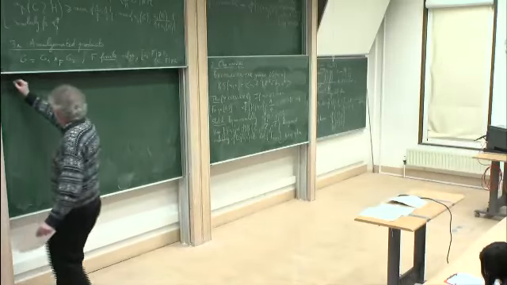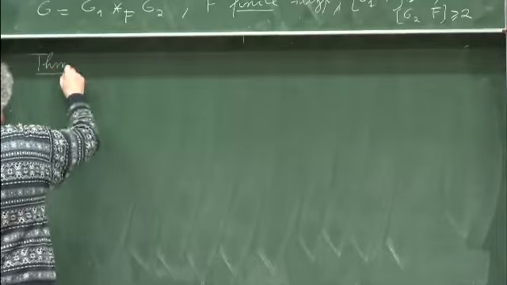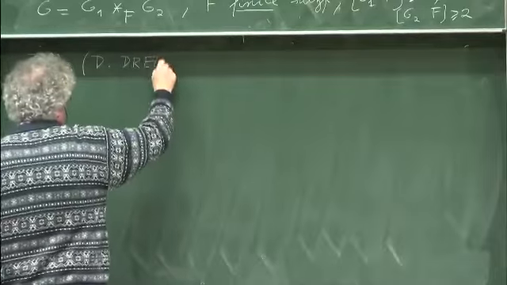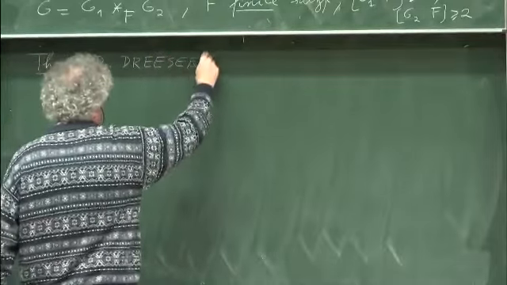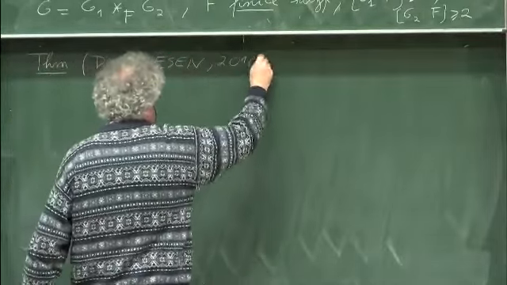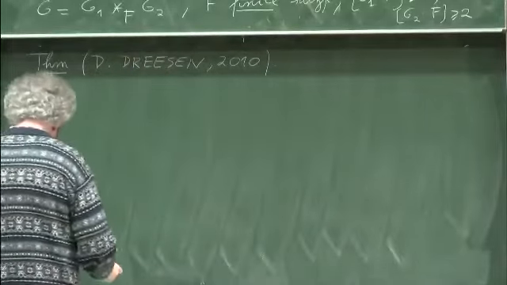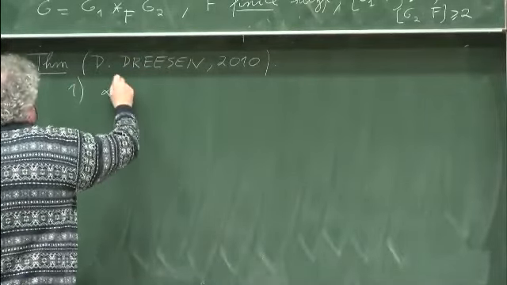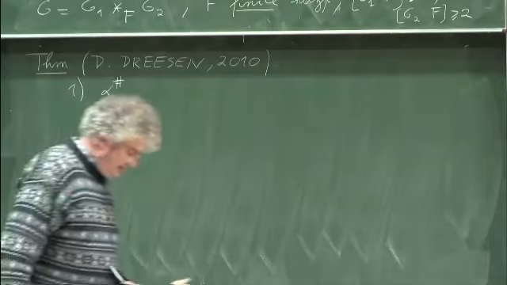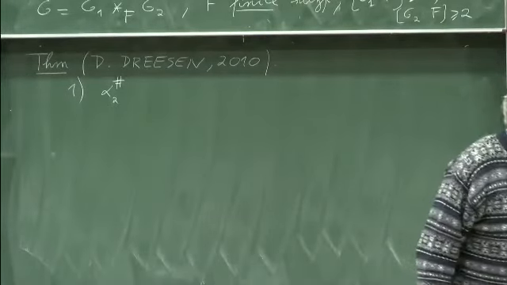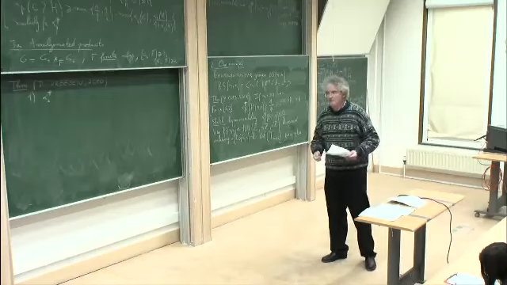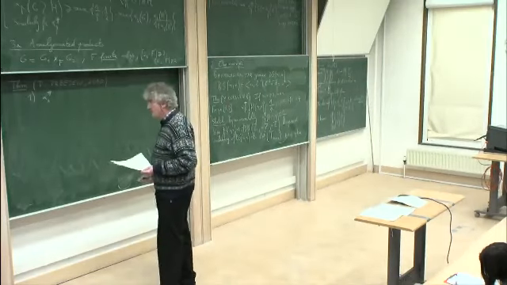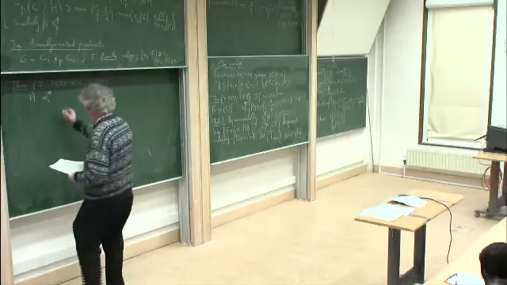And here's a theorem which was obtained by my student Dennis Dresen last year. Oh yeah, this is only for the Hilbert compression, and I will give you a sketch of a proof, and you'll see why so far we're stuck to Hilbert spaces.